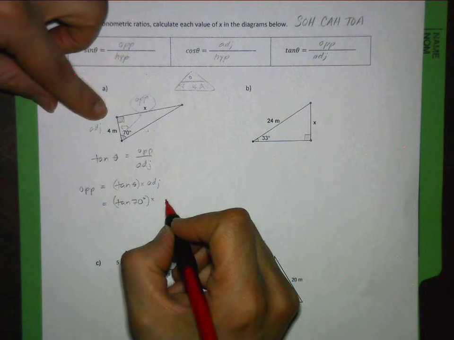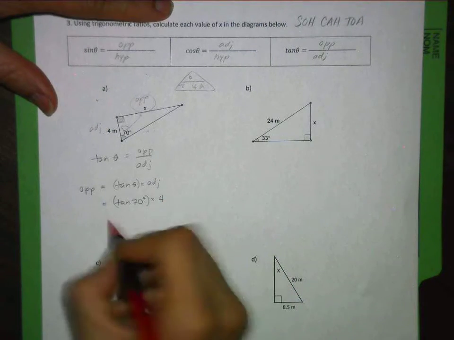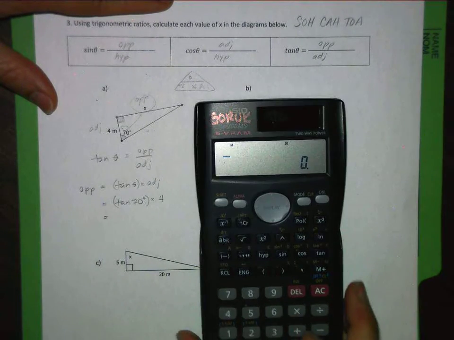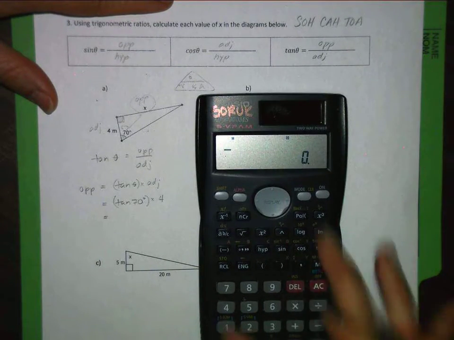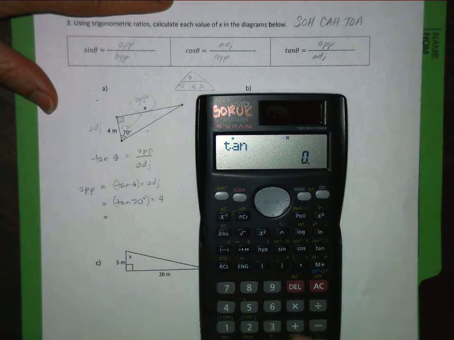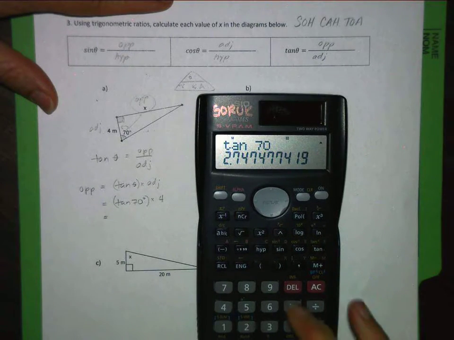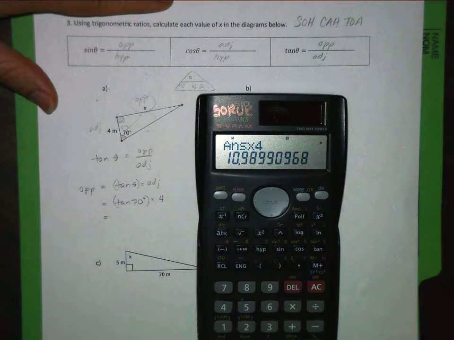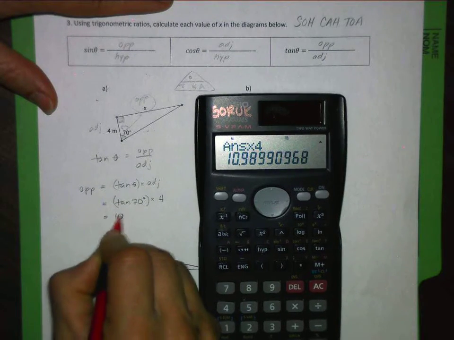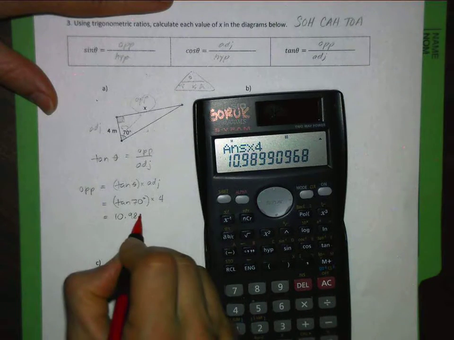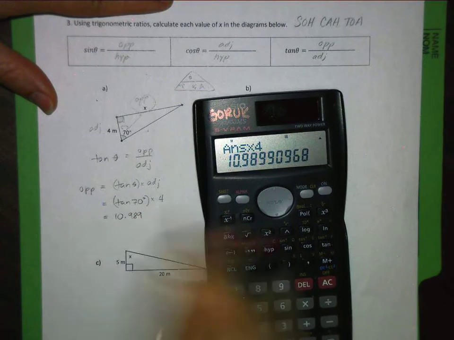The adjacent was 4 meters. You can leave out the units. Now I just do this all in one step on the calculator. So the tan or tangent of 70 is equal to 2.747, but I need to multiply that by 4, and then I hit equals 10.989.